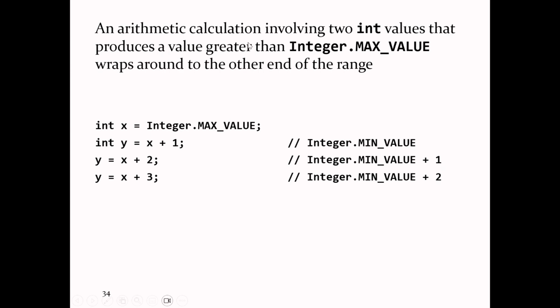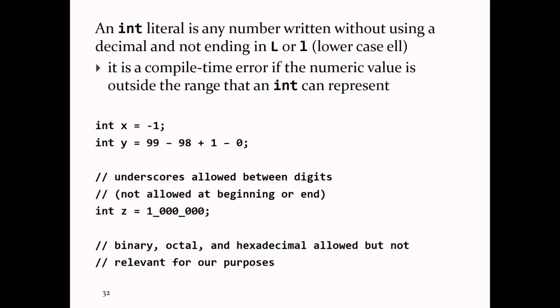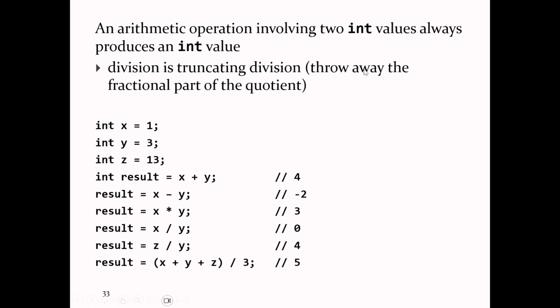Okay, so if you do arithmetic in C or in Java, and the arithmetic involves 2 int values, so I add 2 ints, subtract 2 ints, divide 2 ints, right? Oh, where is it? Sorry, I must have skipped over some slides. Here it is. So any arithmetic operation involving 2 ints always produces another int, right?